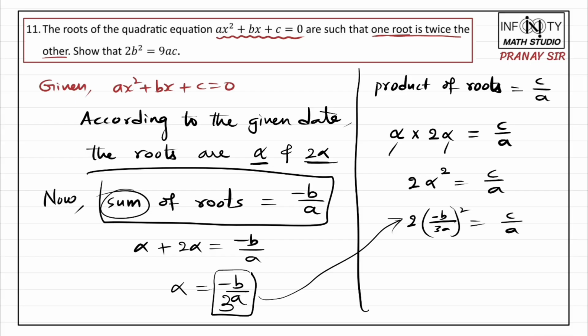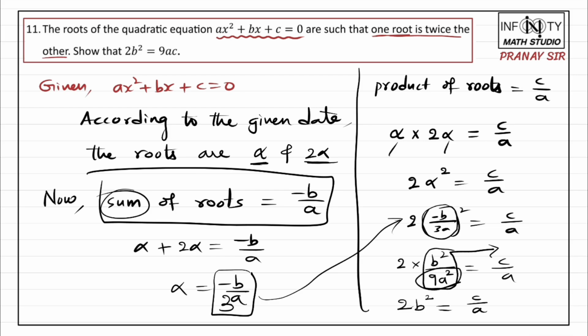Okay, now here if we apply square for both numerator and denominator, it becomes 2 into b square by 9a square, equal to c by a. Now transpose this to RHS. So numerator becomes denominator, denominator becomes numerator. Alright. So here I will be left with 2b square, that is equal to c by a as it is.